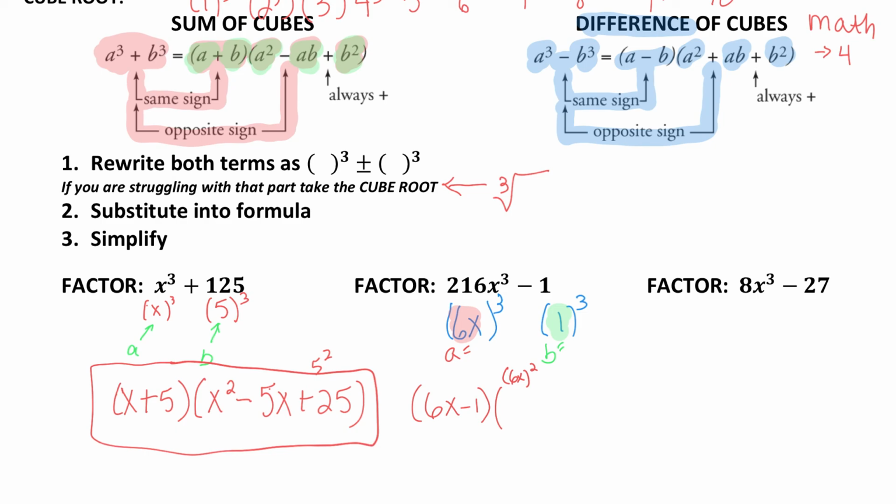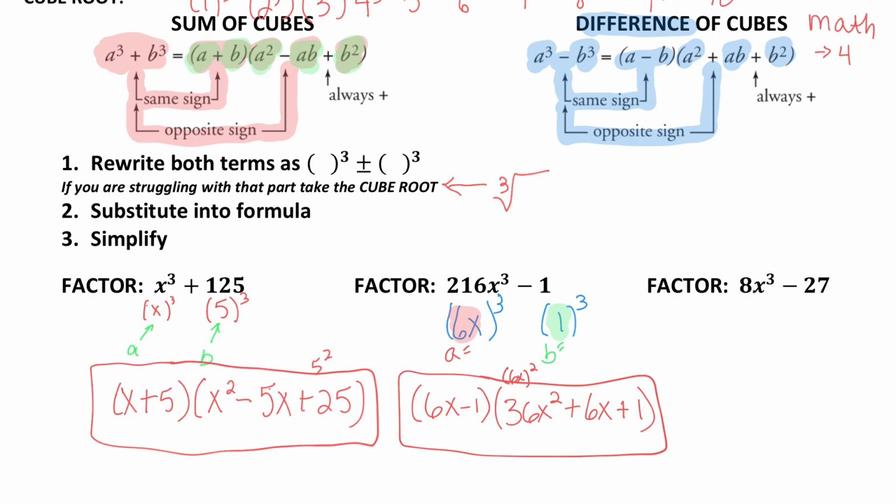Well, 6x squared is 36x squared. Then I'm going to do A times B. That would be 6x times 1, which would just be 6x. And that's going to be a plus 6x based on my formula. And then I'm going to do my B squared. So 1 squared is just 1. And these are your factors.